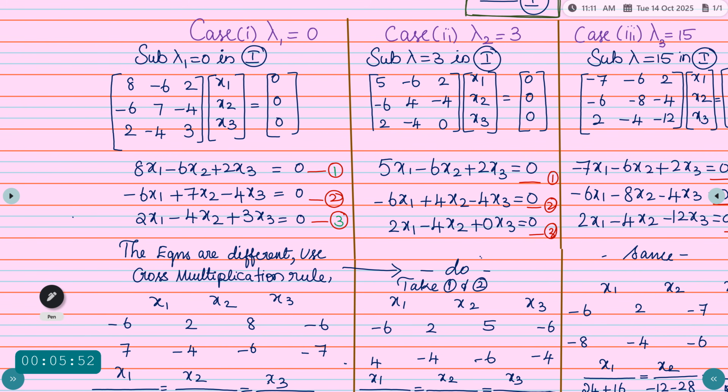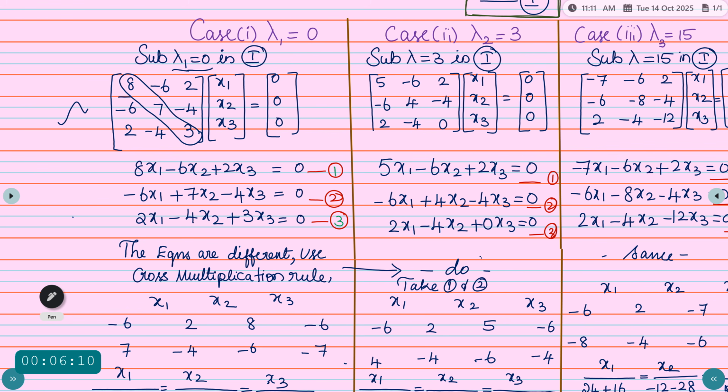Case 1, if lambda is having the value 0, I am substituting it in the I equation. You are getting this matrix: 8, minus 6, 2. Only the diagonal values change and all the other values should not change.